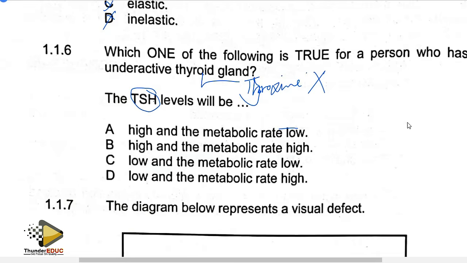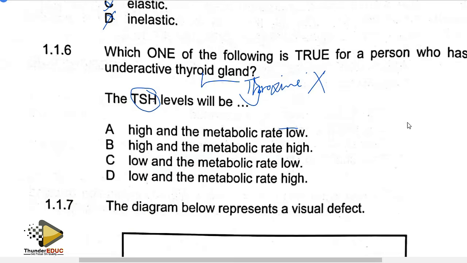Because the brain will keep on producing TSH to go and stimulate the thyroid gland to produce thyroxine. But unfortunately, the thyroid gland does not work. Therefore, the thyroid stimulating hormone is going to be produced more, to keep on producing, because there is no response. The brain keeps on producing. So the level of thyroid stimulating hormone is going to be high.